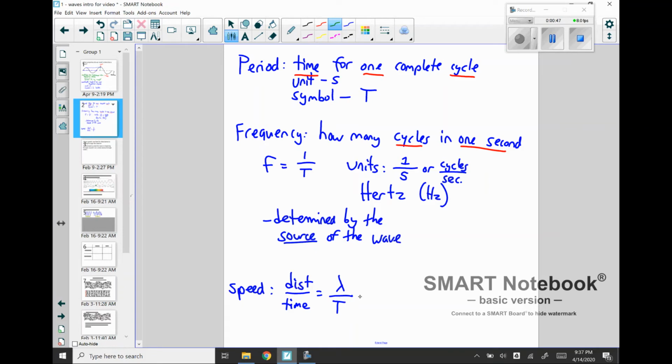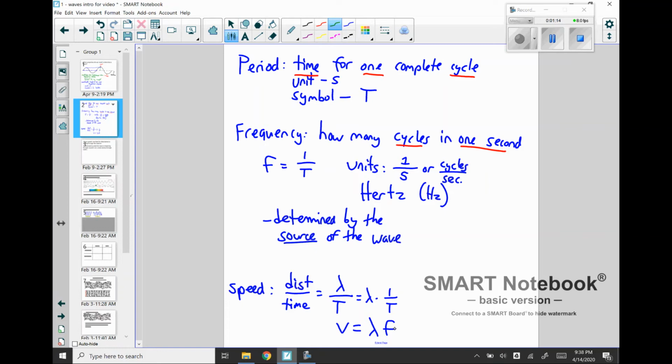If I think about it in those terms, and I separate these a bit, this would be the same as saying the wavelength times 1 over the period. And 1 over the period was just the frequency. So as an expression for the wave speed, as a way to calculate it, I have v equals lambda times f, or speed equals wavelength times frequency.